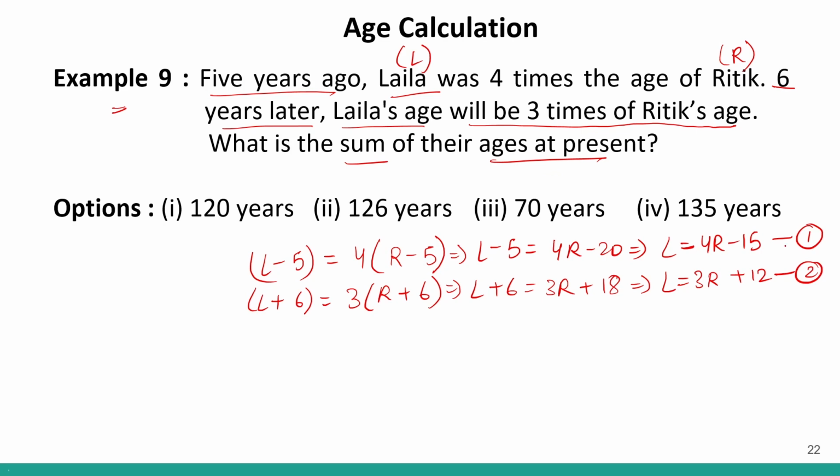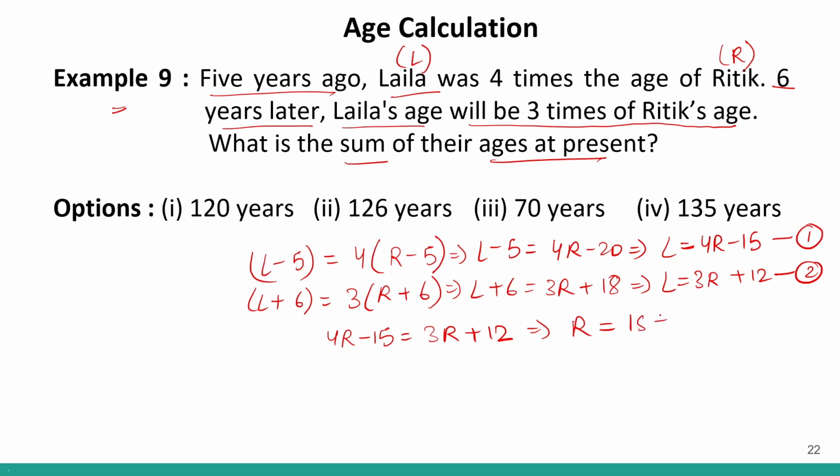So if I take equation number 1 and equation 2, I can say that 4R minus 15 equals to 3R plus 12. Correct? So if I take 3R this side, it will be 4R minus 3R, which is R. And if I take 15 this side, it will be positive. So 15 plus 12 will give me how much? 27. Correct?